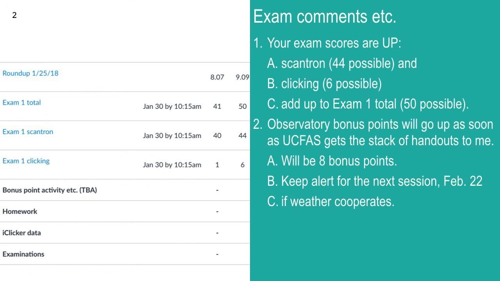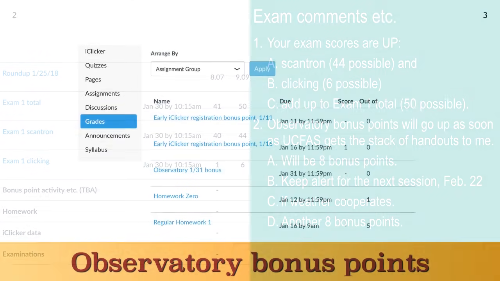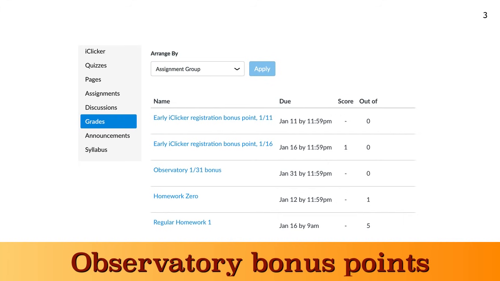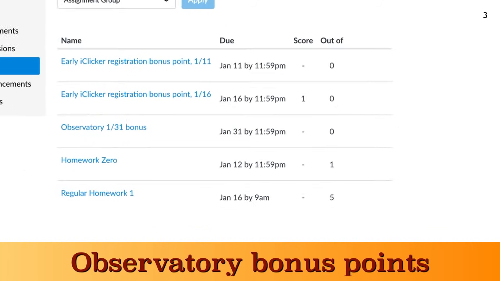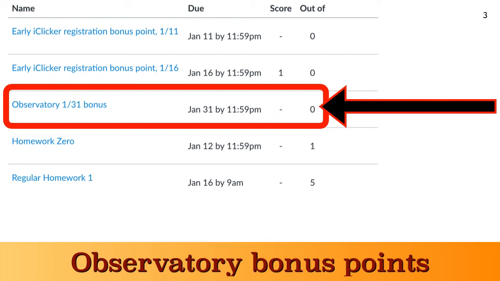So all this stuff depends on the weather. And here's one more thing that is nice. If you go again, you get another 8 bonus points. Now here's what it looks like in your grades page. It'll be right in here. Right now, I've got a slot for it, but nobody's got any points, so don't worry.